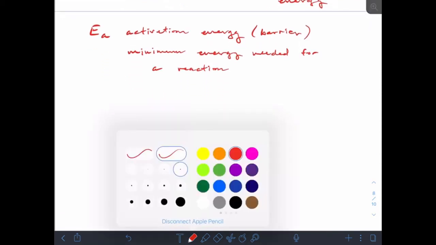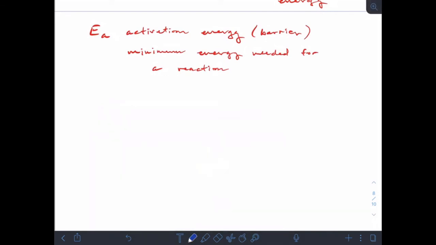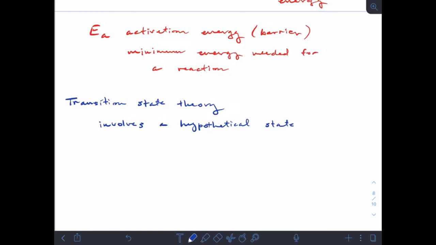So our next topic, and we will tie these two things together here in just a second, is called transition state theory. Transition state theory involves a hypothetical state between reactants and products.